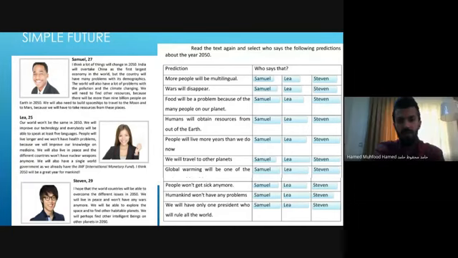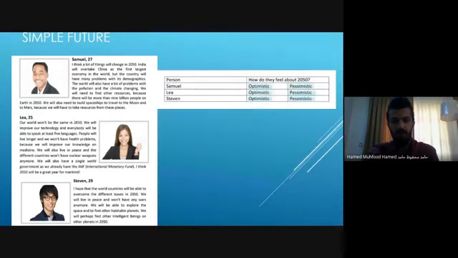Yes, that's right, because she says that we will have a single world government, right? Okay, so now we are done with this exercise. We have something else left here. Now we will see who is optimistic and who is pessimistic.